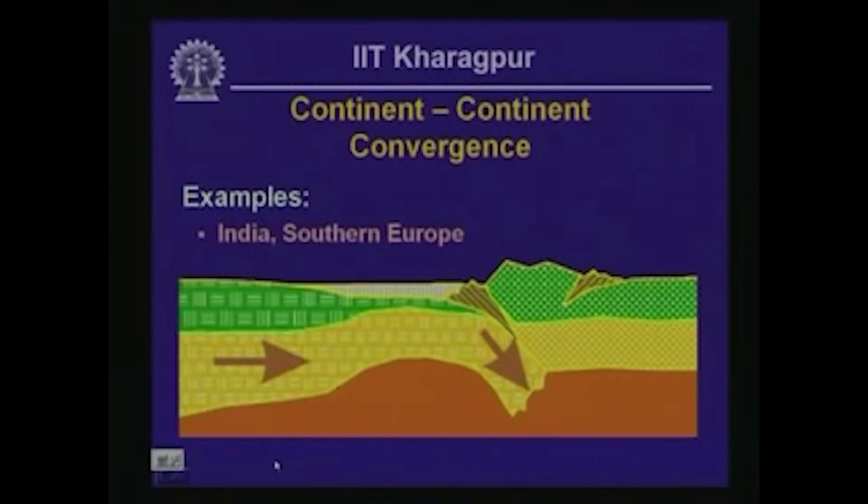Now, what I want to emphasize at this point is that there is a huge change in the stress regime near the plate boundaries because of the convergence activities that go on, and this change in stress regime does indeed lead to failure of large blocks of rock.